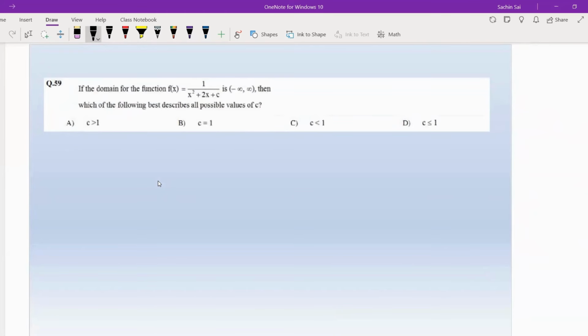Question 59. If the domain of the function is all real numbers, then which of the following best describes all possible values of c? So you have a quadratic expression in the denominator. When is f of x not defined? You would have a chance where f of x is not defined if the denominator becomes 0. But if the domain is all real numbers, then f of x is always defined.